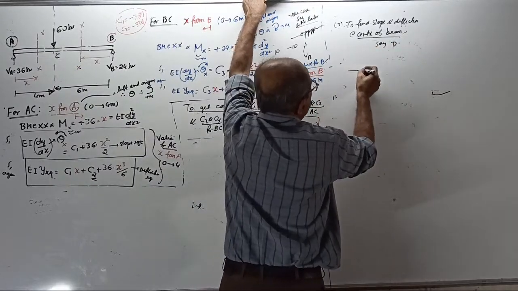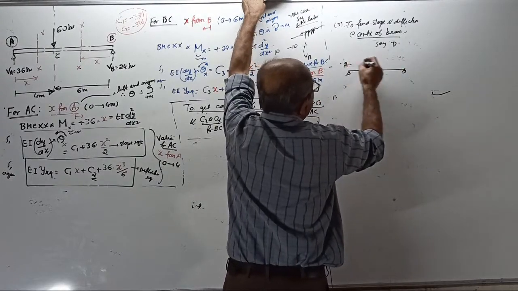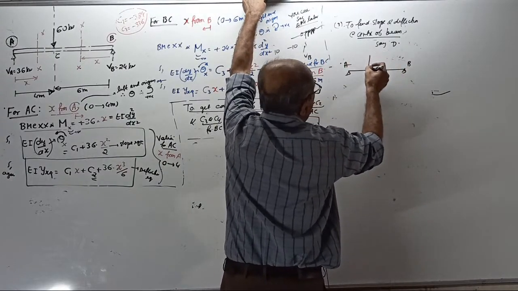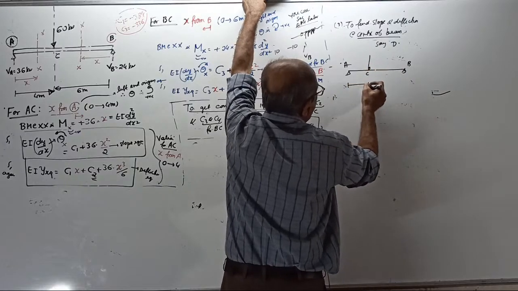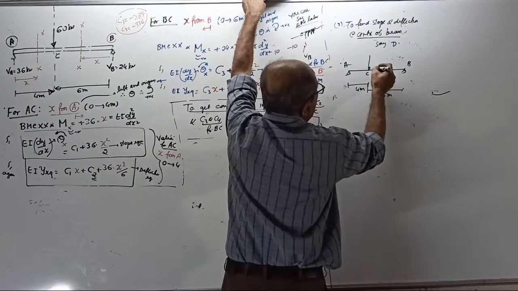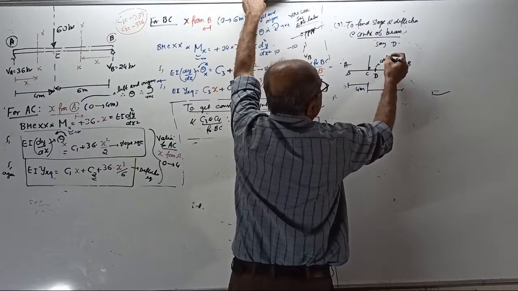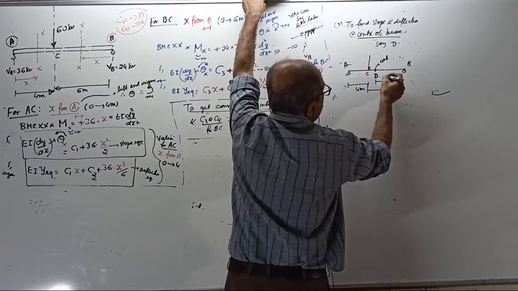If this is the beam, very important: this is A, this is B, this is the point load C, this is 4 meter, this is 6 meter. The center of the beam will come here, this is the center D. Therefore, from here to here is 5 meter.